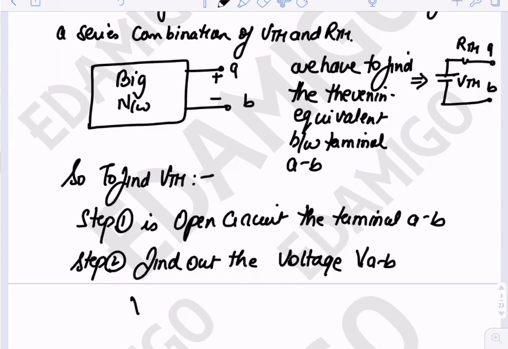So VTH is equal to VAB. Simple. Just open circuit between A and B terminals. If there is any resistance or anything connected between A and B terminals, remove that and then find the voltage VAB between the two terminals.